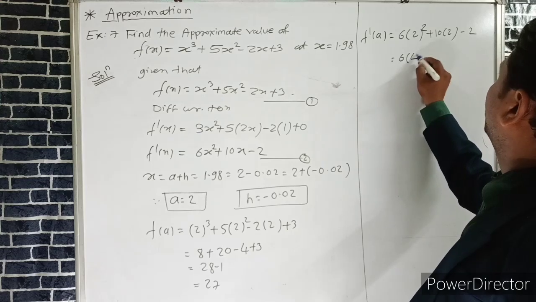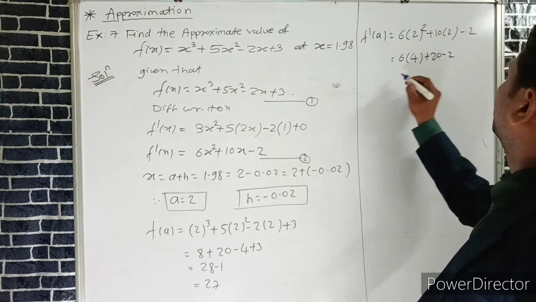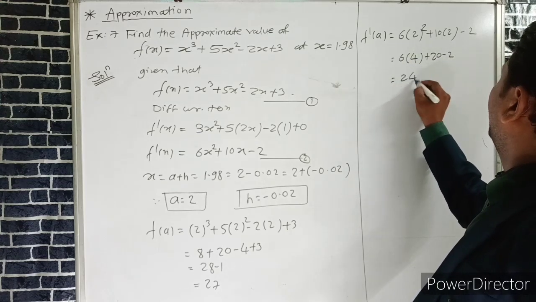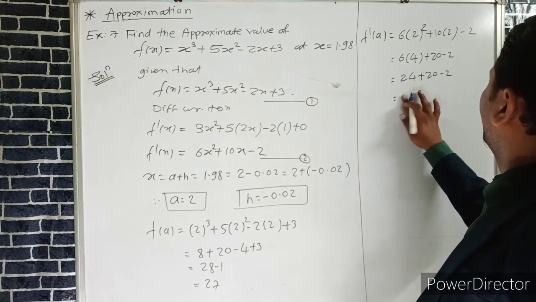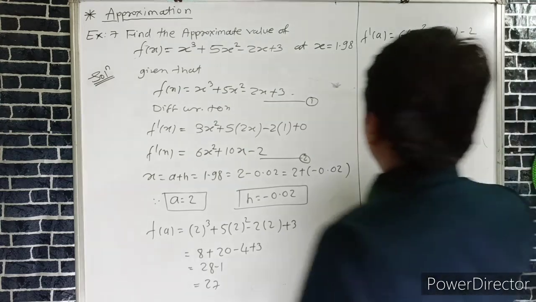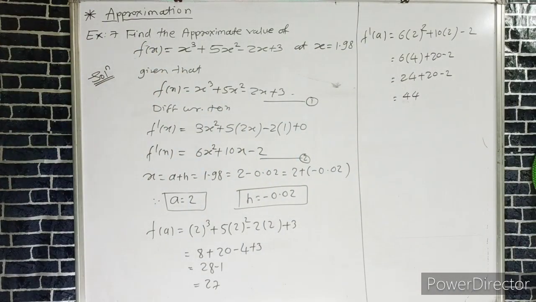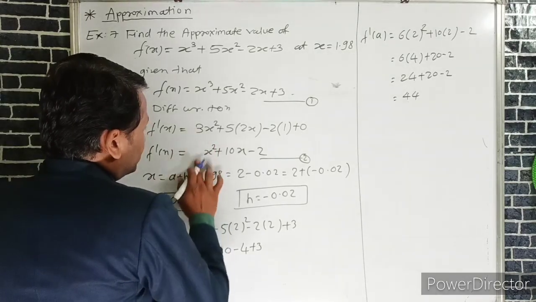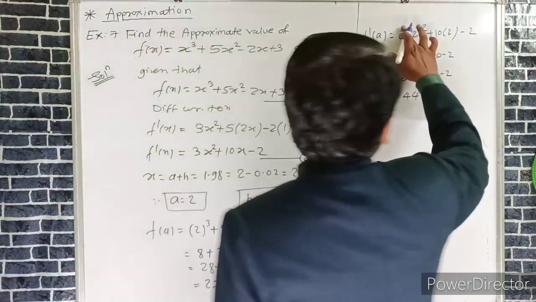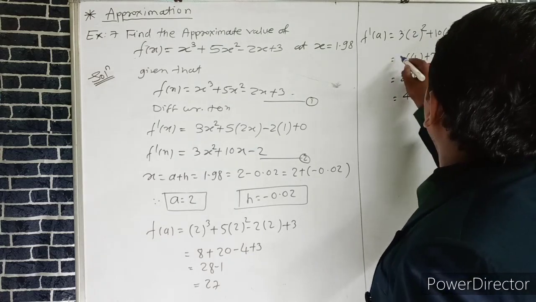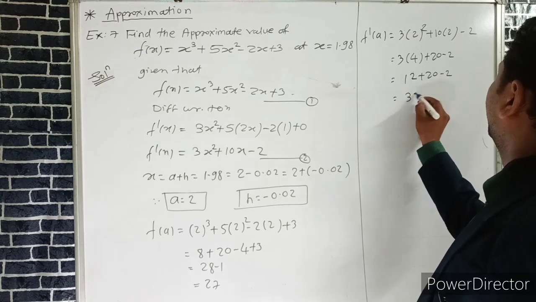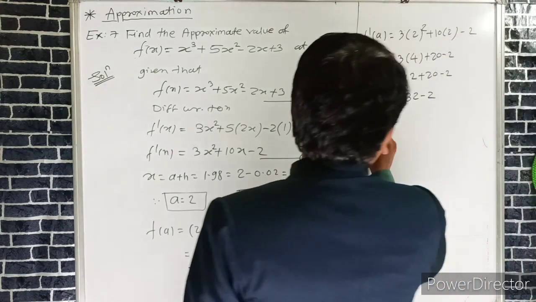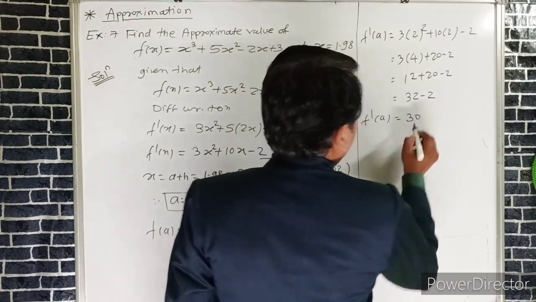Not 6x square, it is 3x square, so here 3 into 2 square is 3 into 4, which is 12, plus 20 is 32, minus 2. The value of f dash of a is 30.